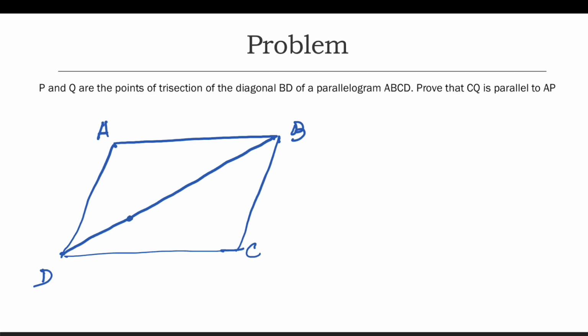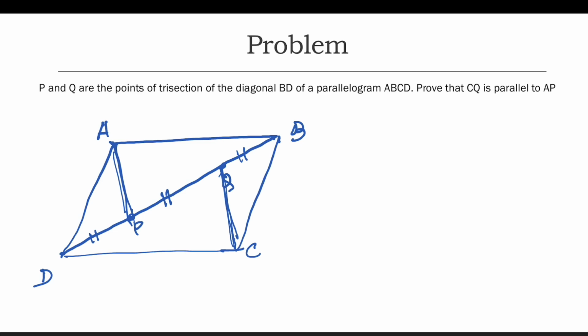P and Q are such that they are trisecting this diagonal, which basically means this and this sides are equal. Now we have to prove CQ, which is this one, is parallel to AP.